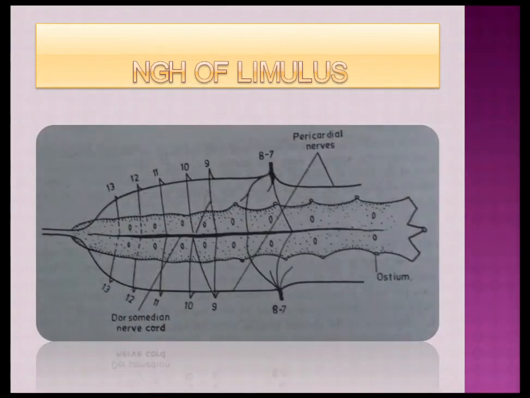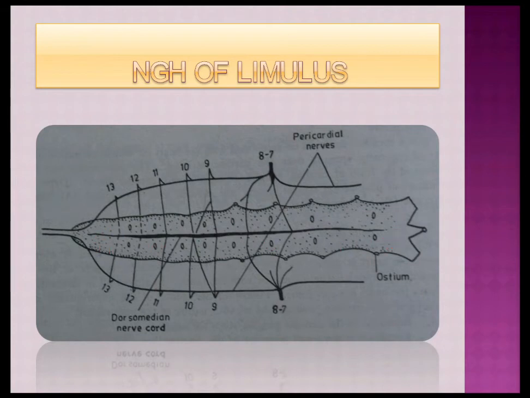Now here students, you can very well see that this is the heart of the Limulus, which is present in between the diagram. This is the aorta, first of all, where the blood will go in this direction. And this is the heart. This is a tube-like heart. This is quite a long heart.